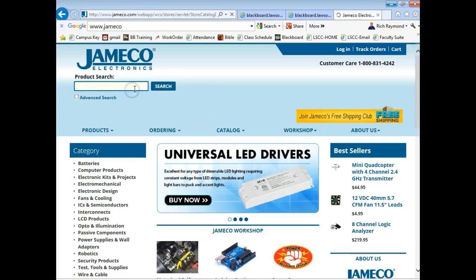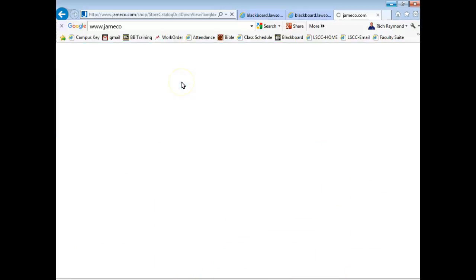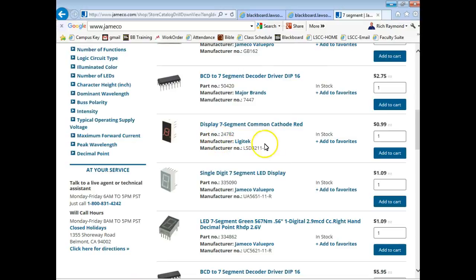So we'll just say 7-segment displays. So when you buy them, this is the way. Oh, these are decoders. So 7-segment display, common cathode, and what color is this?